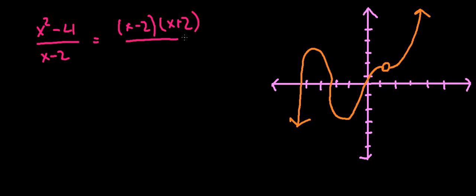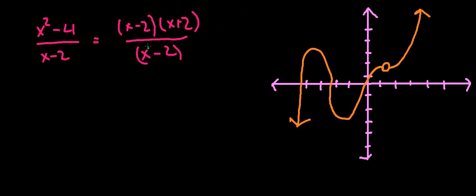And to illustrate how they occur, I'm going to use the example from the previous video, which is x squared minus 4 over x minus 2. And x squared minus 4 can be factored into x minus 2 times x plus 2, over x minus 2. Now, holes occur when there is a 0 in the denominator that is canceled out by the numerator.